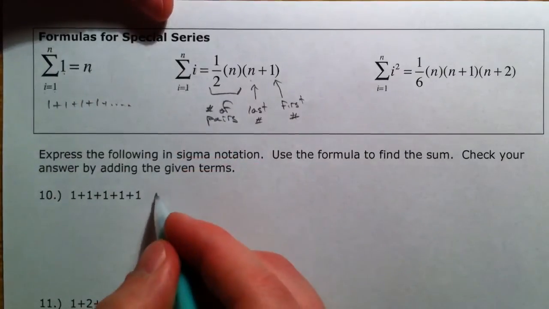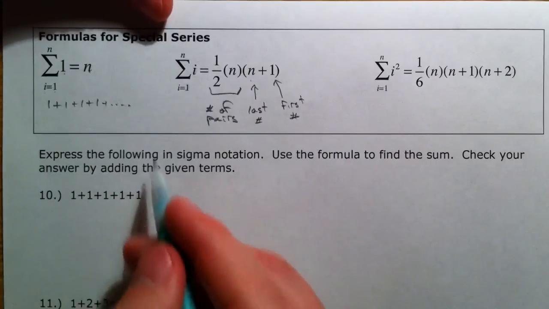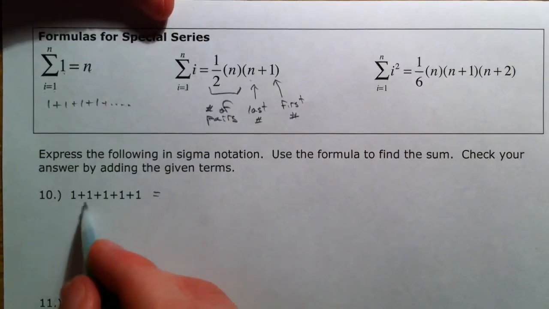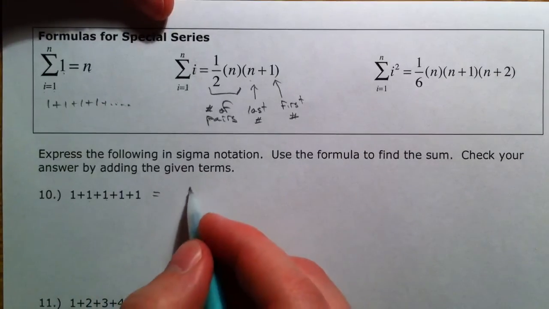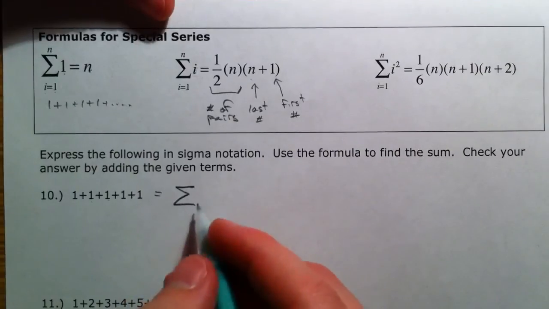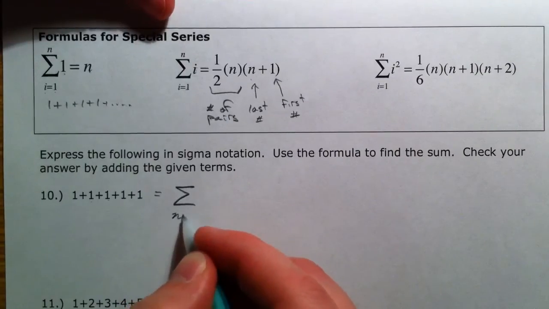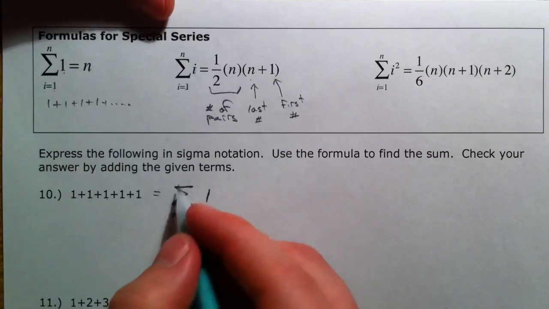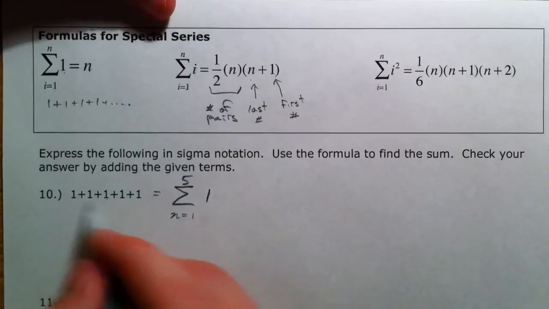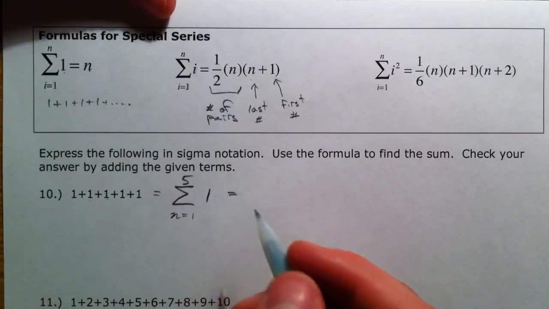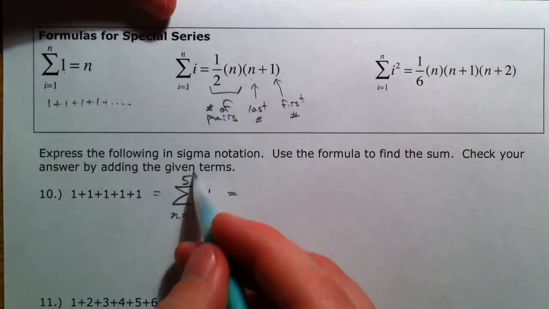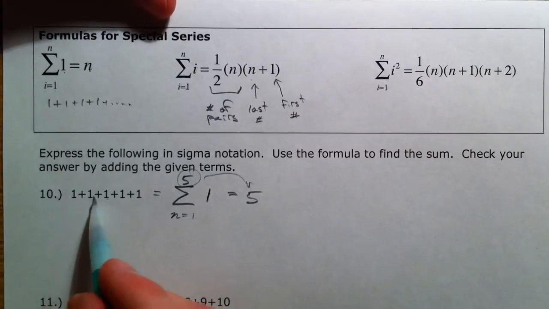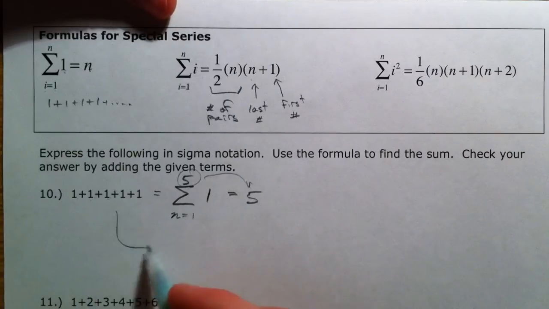And so we're going to use these formulas and do it both ways. 1 plus 1 plus 1 plus 1 plus 1 is the same thing as if we started at i equals 1 and we had no place to stick the i and went up to 5 because there are 5 ones there. That's equal to 5. And so we can check that 1 plus 1 plus 1 plus 1 plus 1, sure enough, is 5.